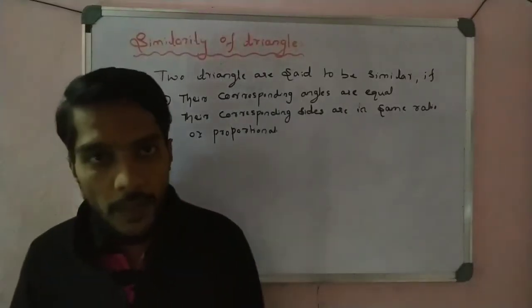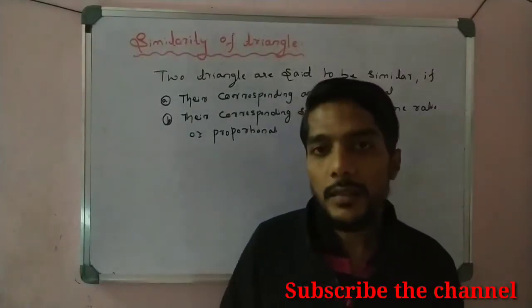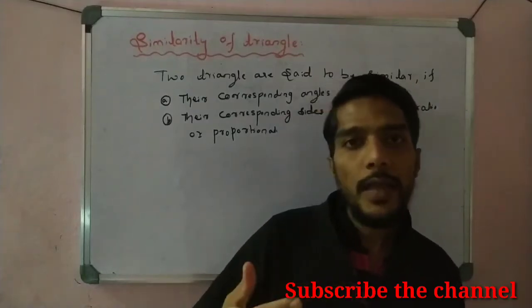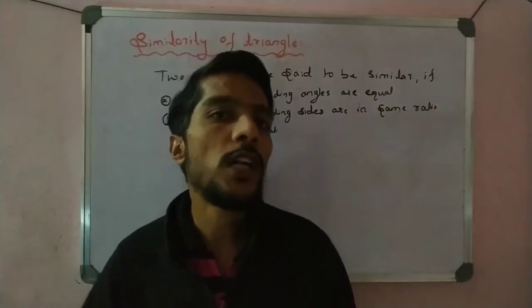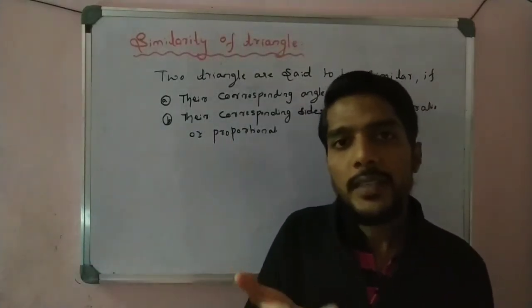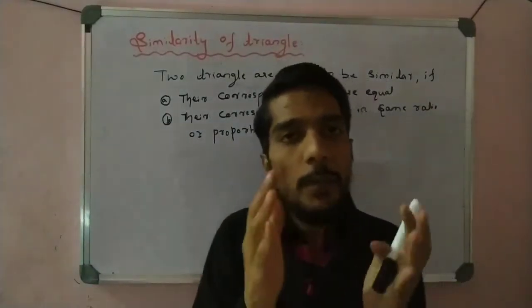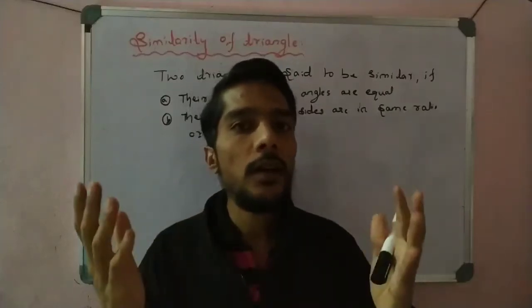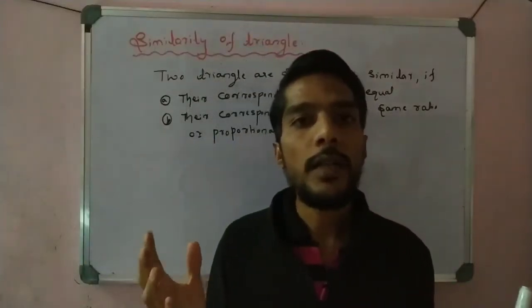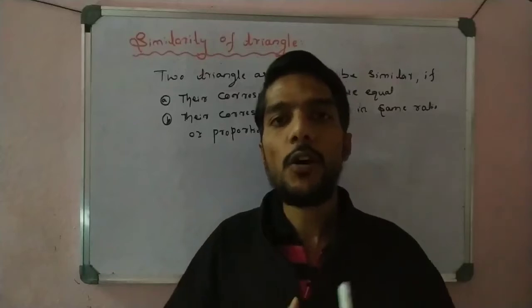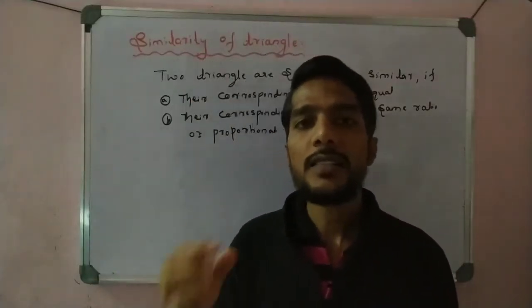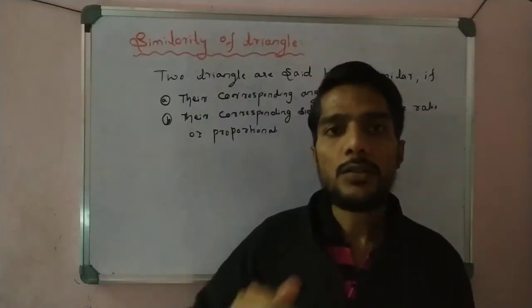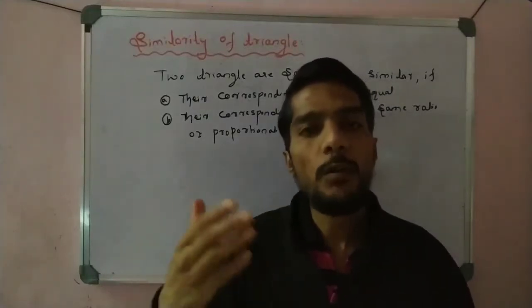Now on this, a scientist came, called Thales, and Thales gave a beautiful theorem called the basic proportionality theorem. He gave a basic formula: if a triangle satisfies that formula, then the triangles are similar. That is called Thales theorem, or basic proportionality theorem, or BPT.